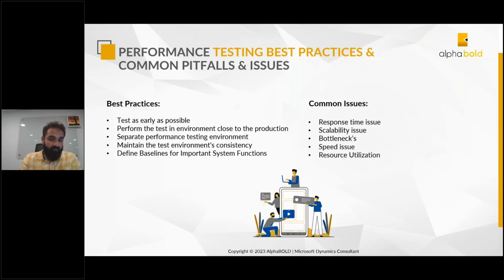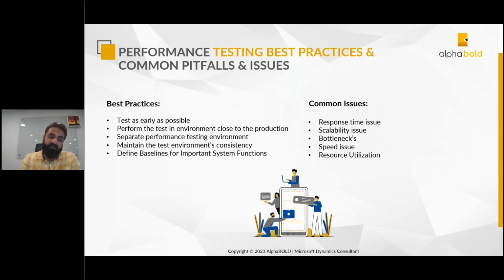Maintain the test environment's consistency. This means that you have to deploy each and every stable build onto the performance test environment. There shouldn't be fuzzy code on that environment, or any checkouts to that particular environment, so that it can be the exact replica of the production environment.